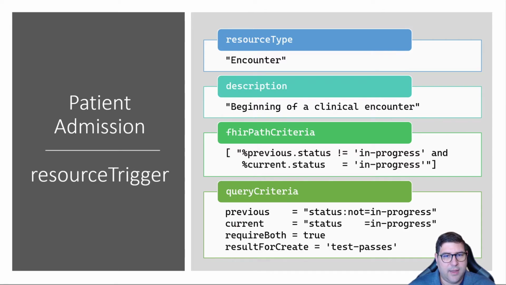Since we can't do anything like the null checking in queries, we have these additional fields to say things like require both is true, so we need to hit both of these. And if we're creating, the previous doesn't exist, obviously, and so we want to say that the test passes during the create. Whereas, for instance, in the delete, the current doesn't exist, and so we want to say that the test automatically fails if it's a delete event.